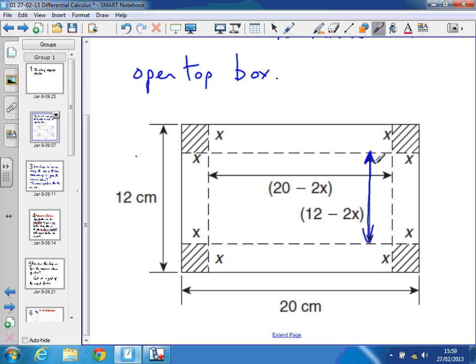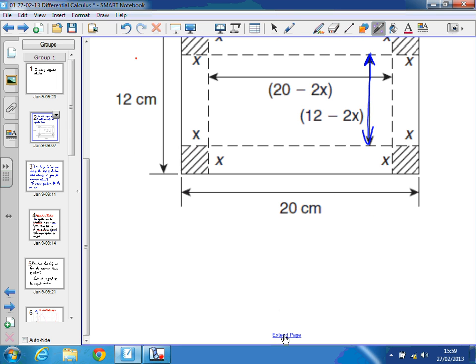Okay. Now, if I wanted to write an expression for the volume of the box, tell me the equation for the volume of a cuboid. Exactly. Length times width times height, or whatever terminology you want to use.